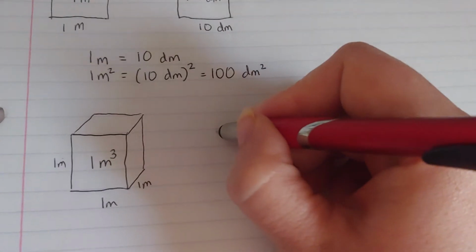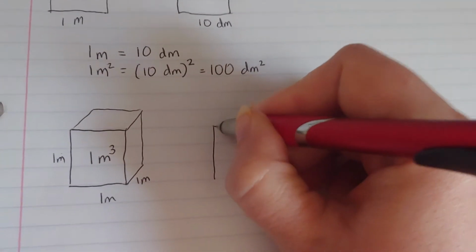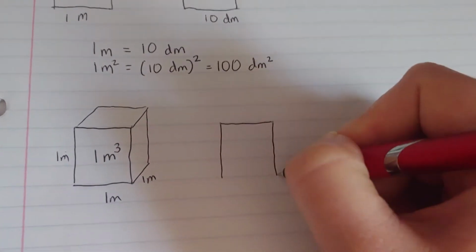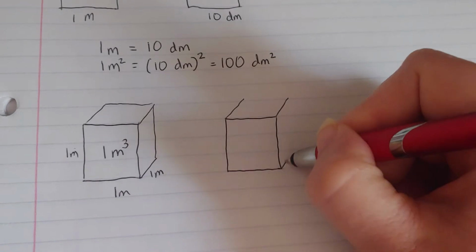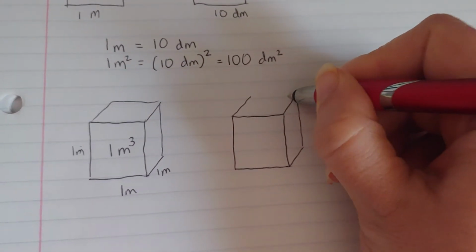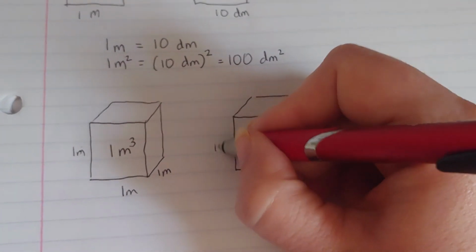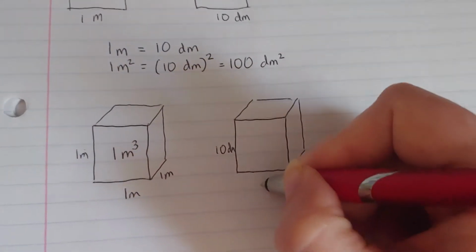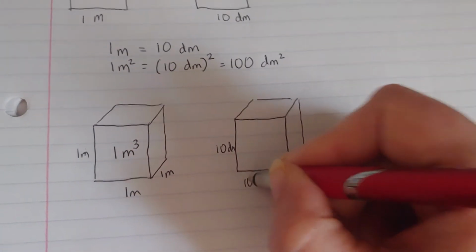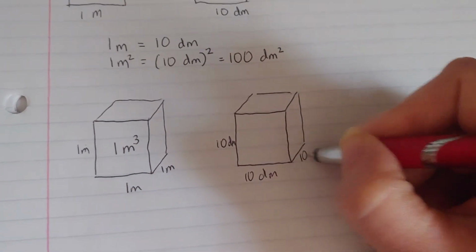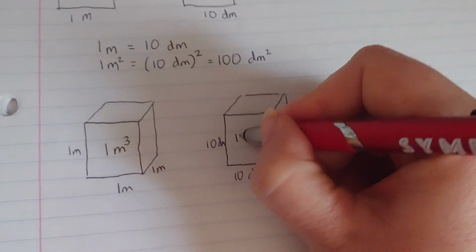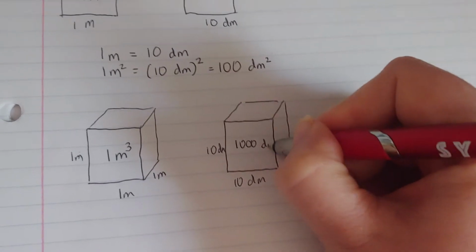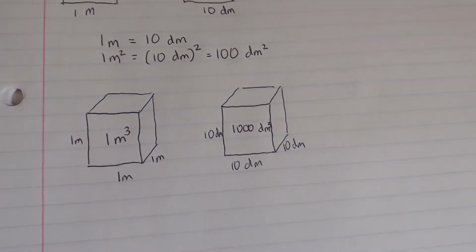Moving that over to decimeters. Again, making my cube. And so now I have 10 decimeters by 10 decimeters by 10 decimeters. So 10 times 10 times 10 is 1,000 cubic decimeters.